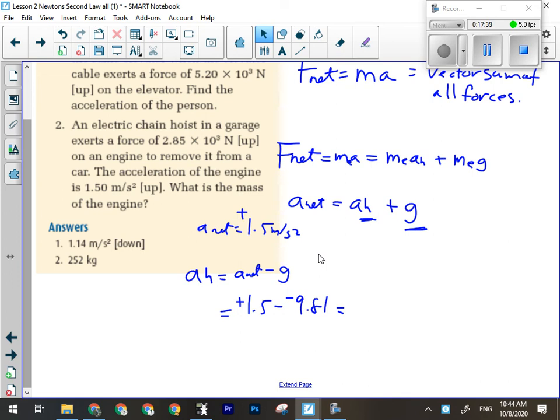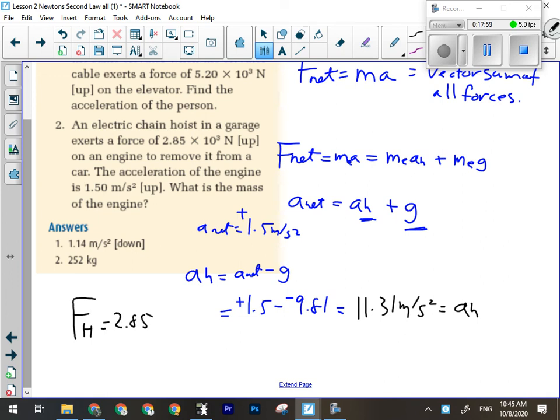So I can now find that thing I was missing that I was asked to find, the mass of the engine. So the force of the hoist, which is 2.85 times 10 to the 3 newtons, equals the mass of the engine times the acceleration of the hoist, 11.31. Now I can solve for the mass of the engine. Just divide the acceleration over, and I've got the mass of the engine.